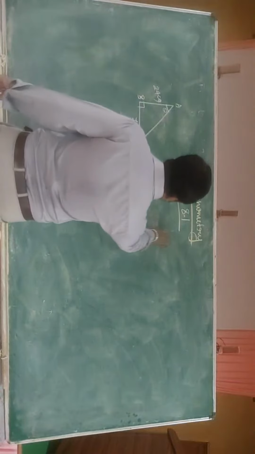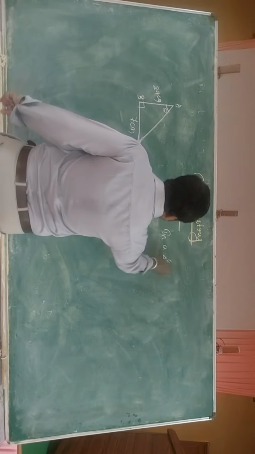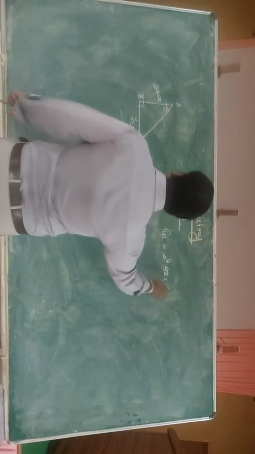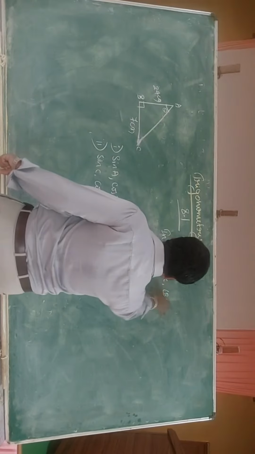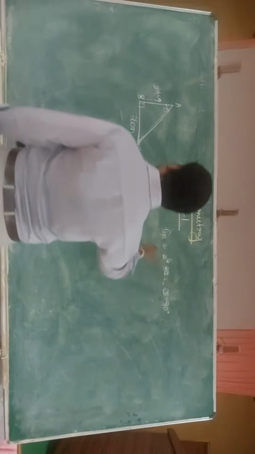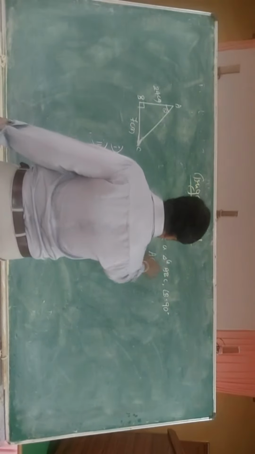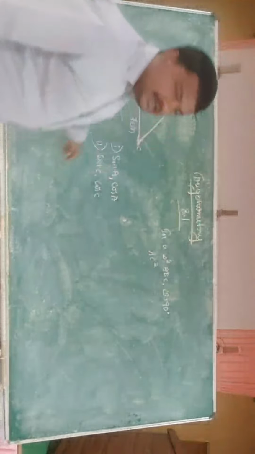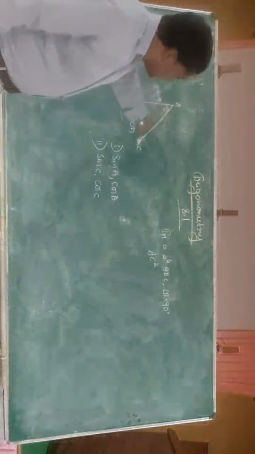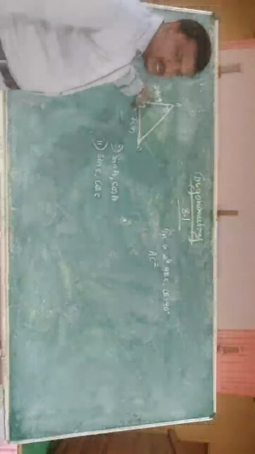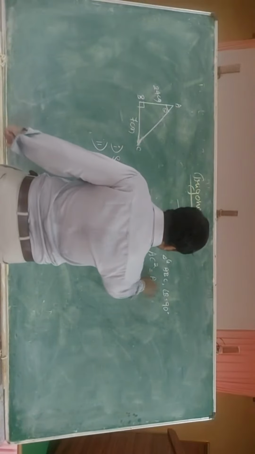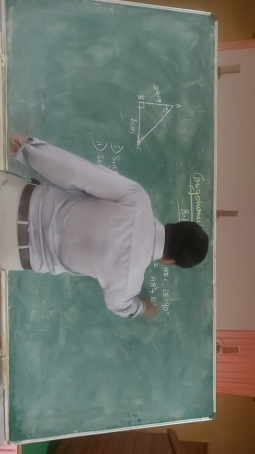Right here, in triangle ABC, angle B is equal to 90 degree. Then we can apply Pythagoras theorem. Pythagoras said that in any right angle triangle, the square of hypotenuse is equal to the sum of squares of the other two sides. That is, AC square is equal to AB square plus BC square.